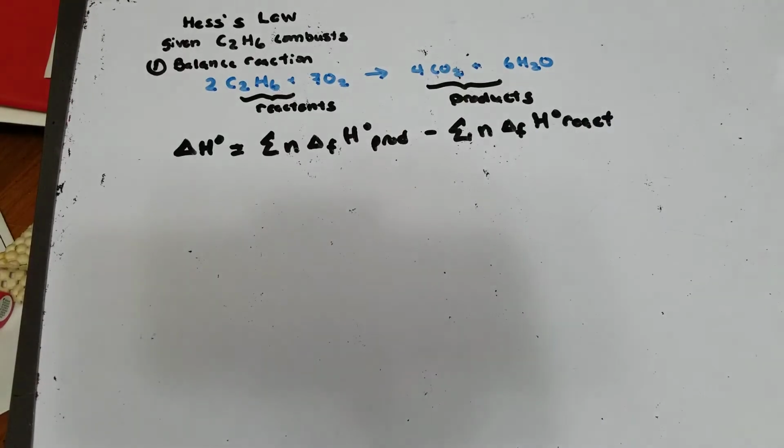Okay, I know this looks really complicated, but it's actually not that bad. So you're looking for the heat of combustion. So you're looking for the sum of the products and the sum of the reactants.